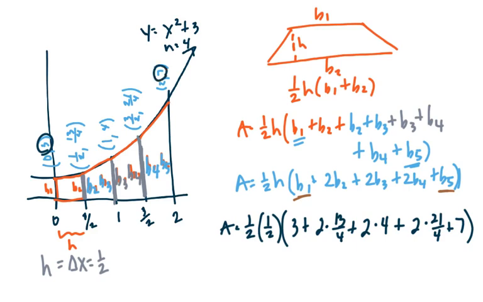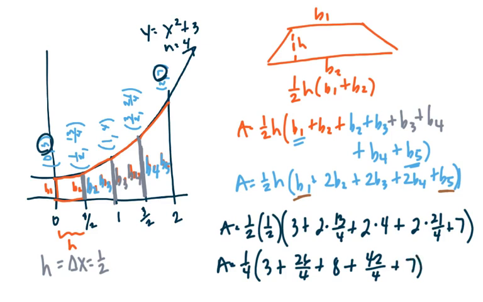Remember, your first one and your last one only get used once. Everything else occurs twice. So we have 1/4 times 3, plus 26/4, plus 8, plus 42/4, plus 7.